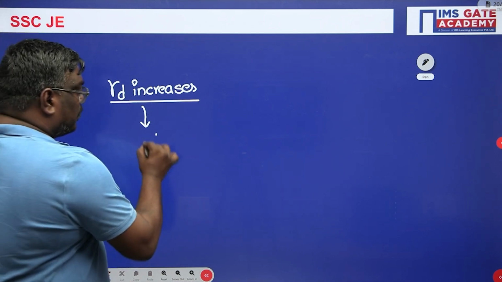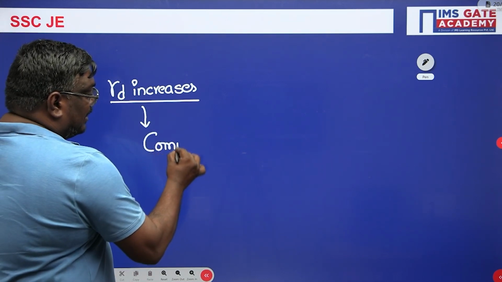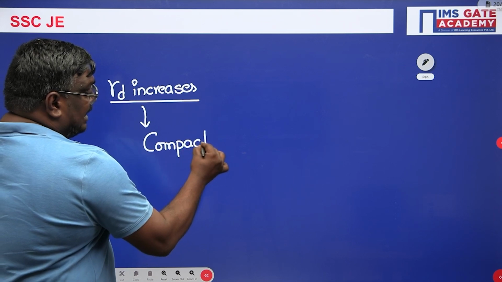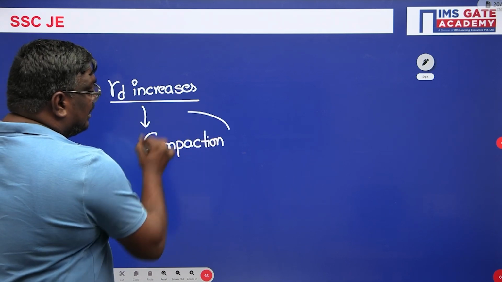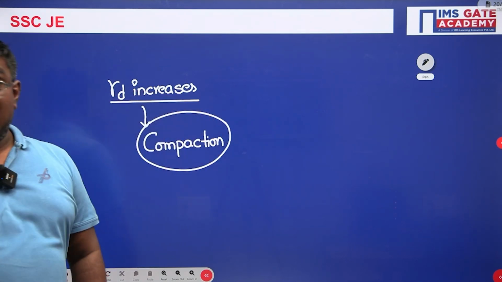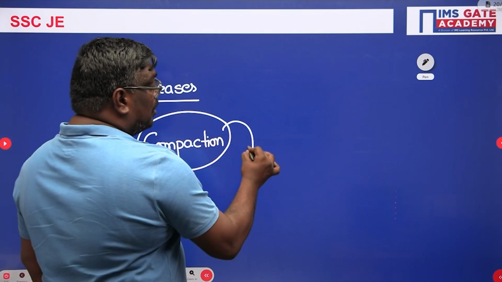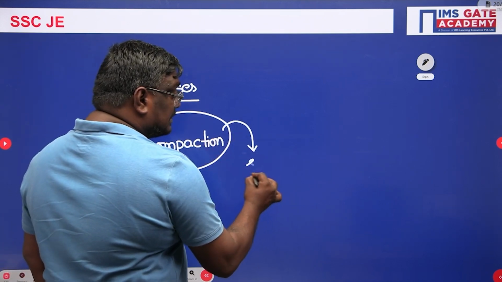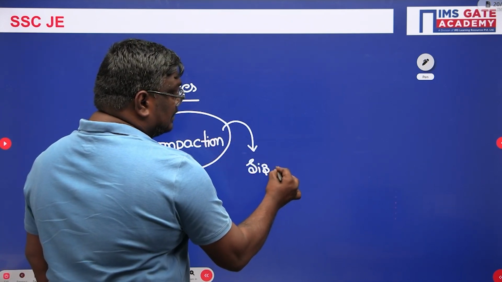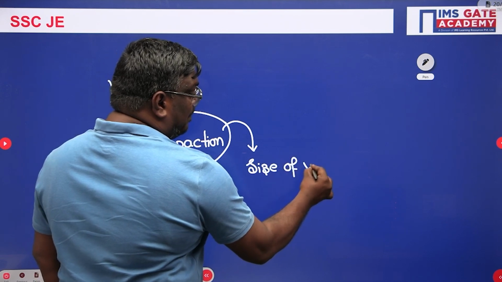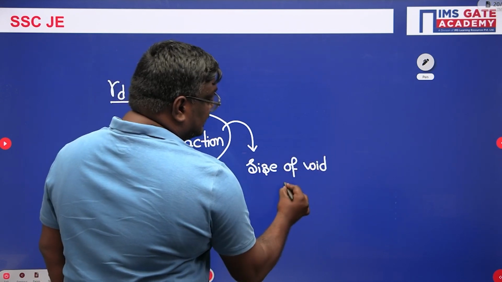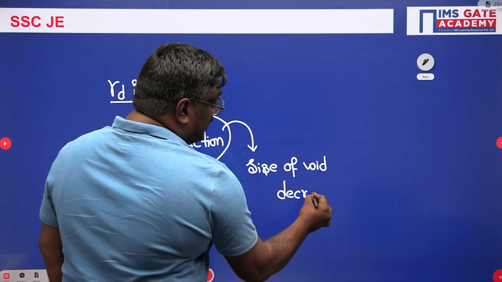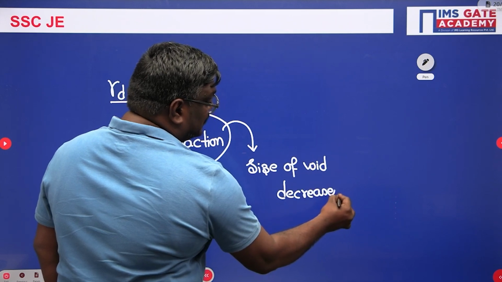If you have done proper and enough compaction, definitely dry density will increase. And in this case, void ratio will decrease, or the size of the voids will also decrease, because you are doing compaction. And remember, what do you mean by permeability, my dear students?